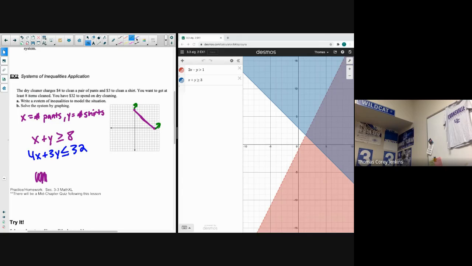All right, and then our other one. So find my x-intercept. Plug 0 in for y, we have 4x equals 32. So that would tell me, what's 32 over 4? That's 8. So the x-intercept on this line is also 8, 0. And then my y-intercept is going to be whatever 32 over 3 is. So that'd be like 10 2/3.